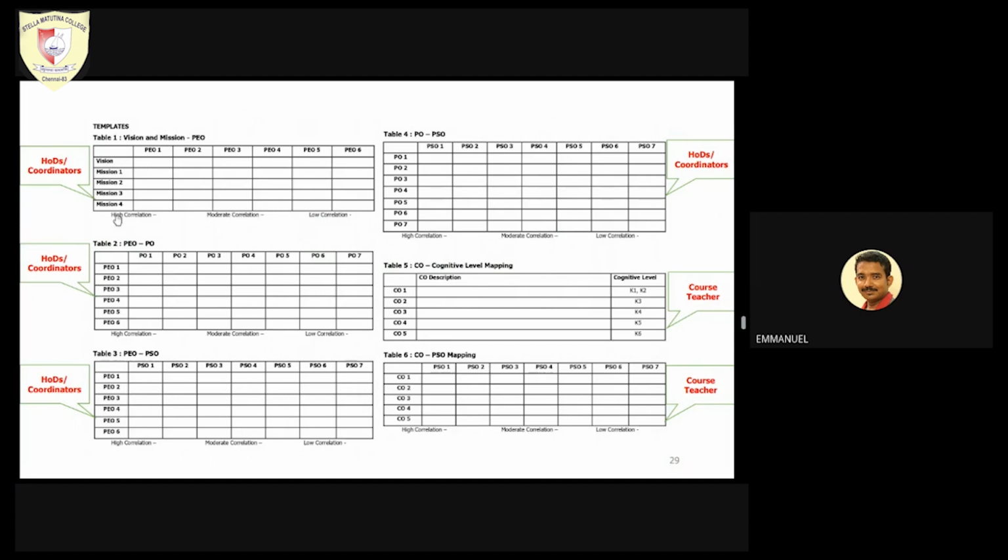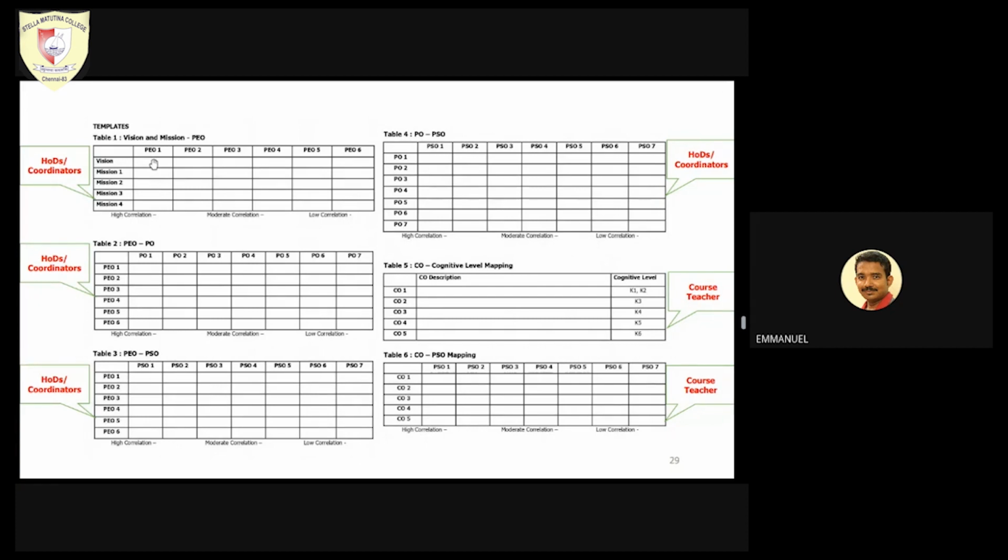So vision and mission are the row headers, and we have the educational objectives under school level, which we have done, right? We have put those as column headers: PEO1, PEO2, PEO3, PEO4, up to PEO6. Now the experts have to give the correlation for this mapping.